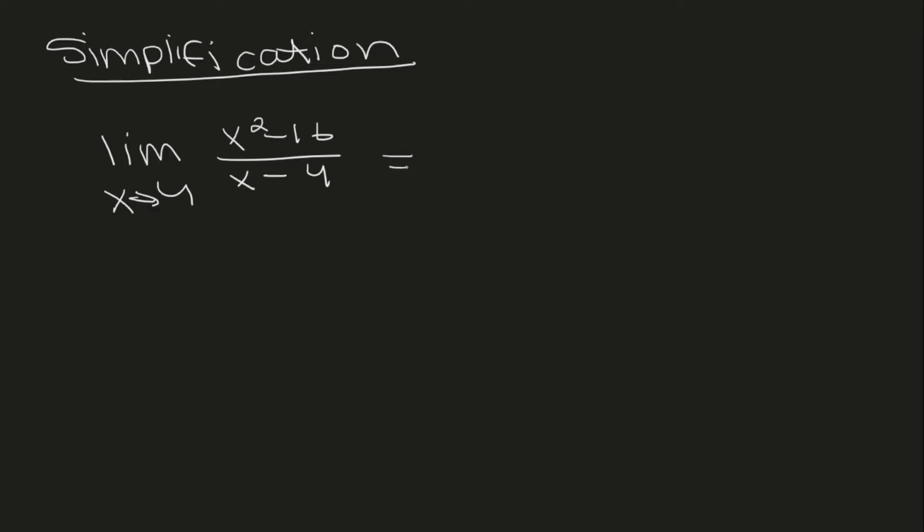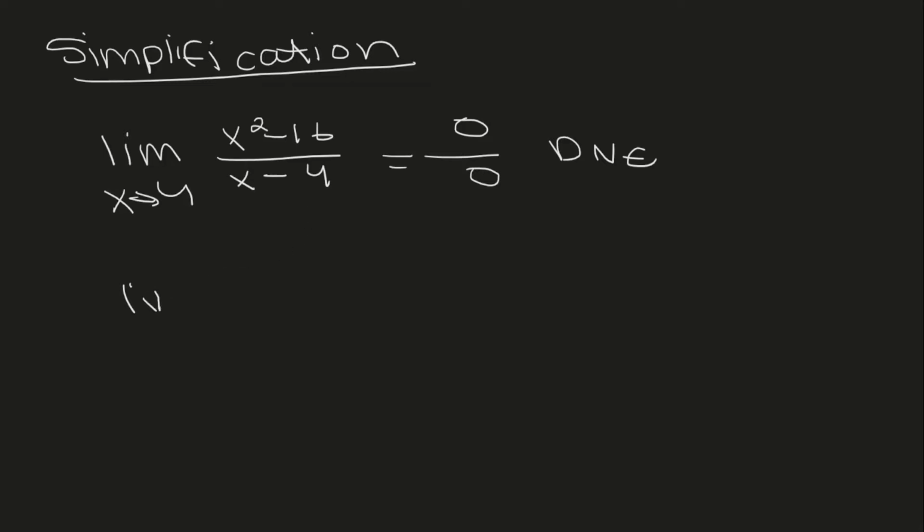Now, normally, using substitution, you would say 4 squared minus 16 is 0, and x minus 4, 4 minus 4 is 0. Now, since it's undefined, you might be tempted to say, oh wait, this limit doesn't exist. But that's where simplification comes in. As you can see here, x squared minus 16 is a difference of two perfect squares.